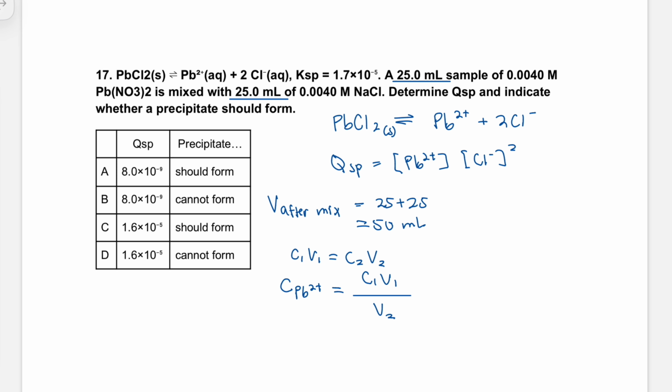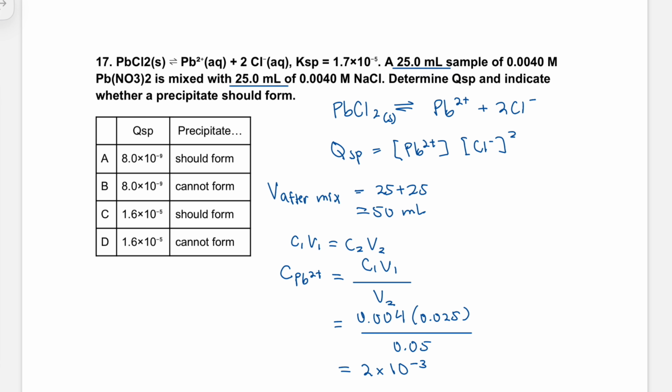And because we had the same numbers for NaCl, this is also the concentration for Cl-. Now we can plug this into our formula. QSP will be 2 times 10 to the negative 3 times 2 times 10 to the negative 3 squared, and we get 8 times 10 to the negative 9.